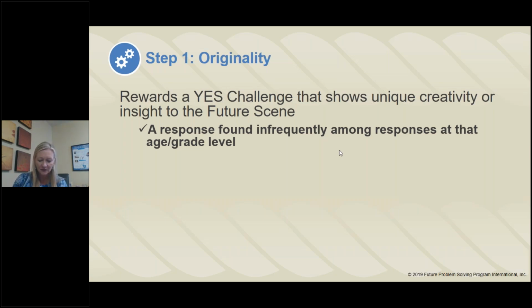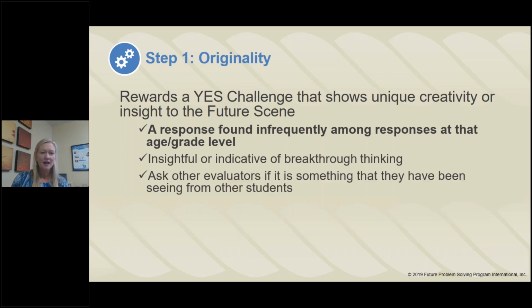They are found infrequently among responses at that certain age and grade level. Breakthrough thinking has happened, something maybe you haven't seen before. We mentioned collaboration as being very important in the evaluating process.